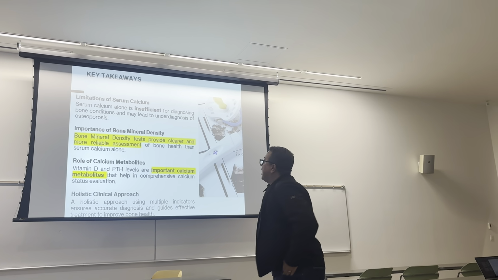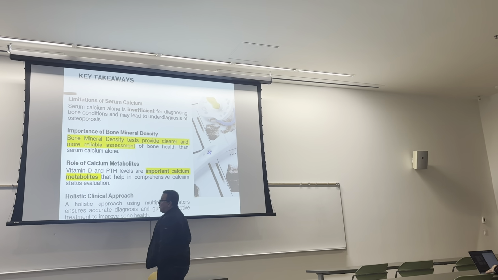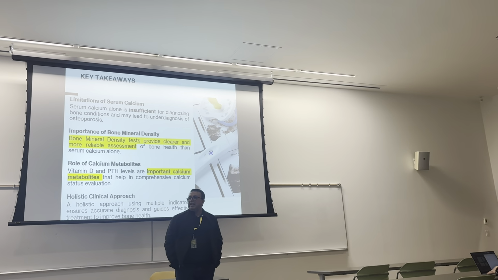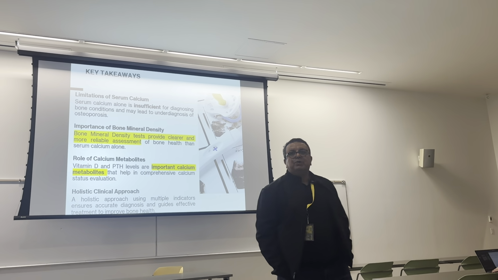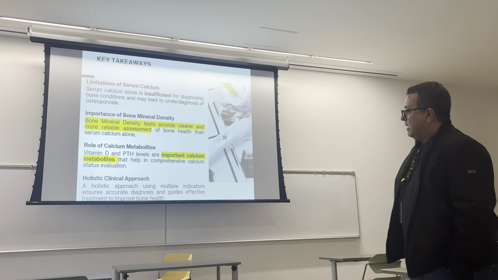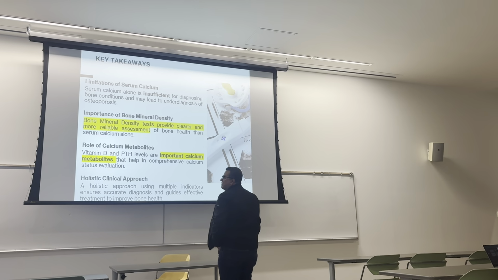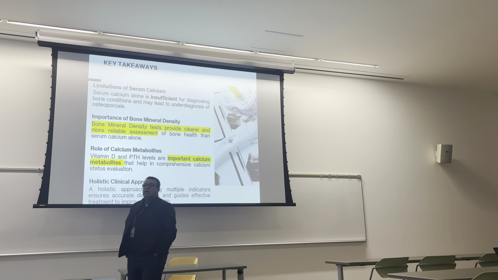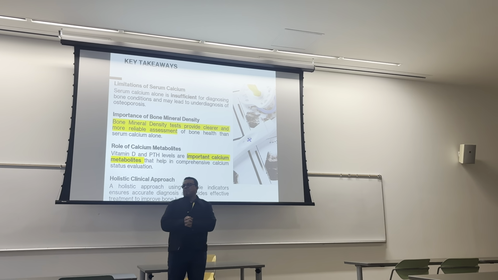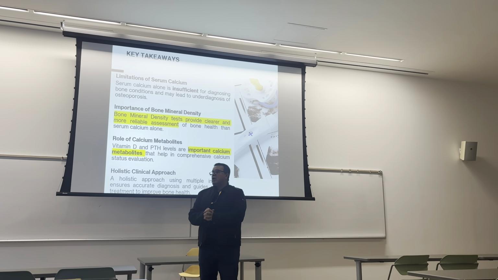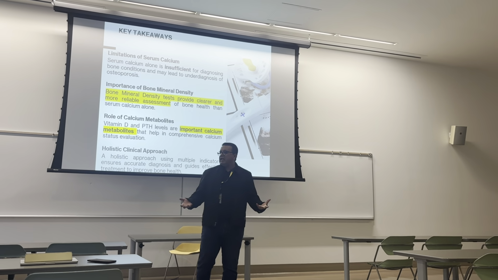Another question: why can acute pancreatitis cause disruption in the calcium status? Acute pancreatitis. Have you heard about the calcium salt? Okay, when I have a problem with my pancreas, I have free fatty acid due to the pancreatic lipase.